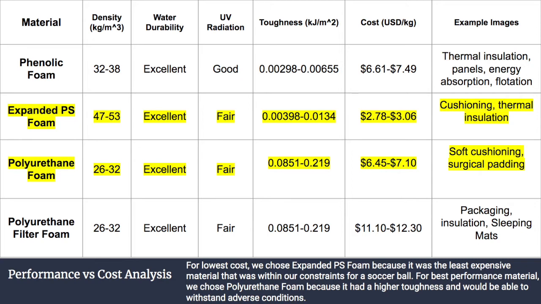So the expanded PS foam was the least expensive, and then the polyurethane foam was more expensive but had the best performance. In summary, for low cost, we chose expanded PS foam because it was the least expensive material that was within our constraints for a soccer ball. For best performance material, we chose polyurethane foam because it had a higher toughness and would be able to withstand adverse conditions.